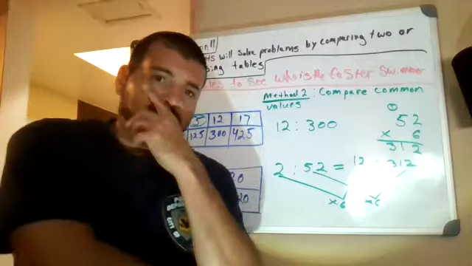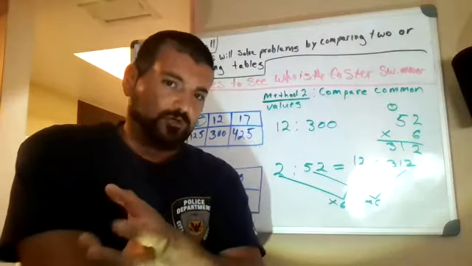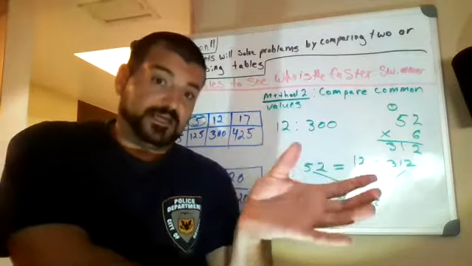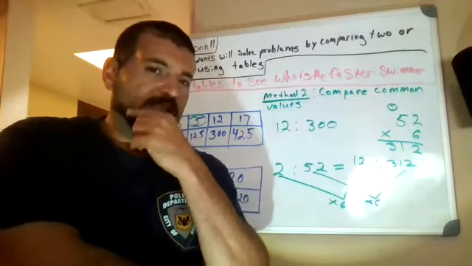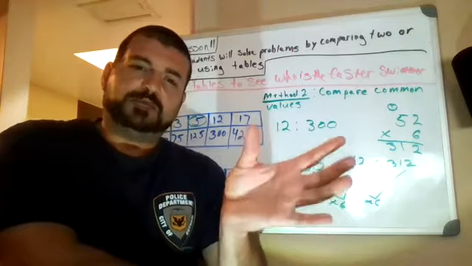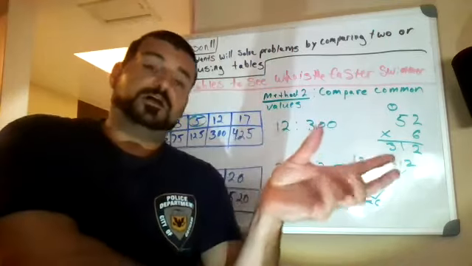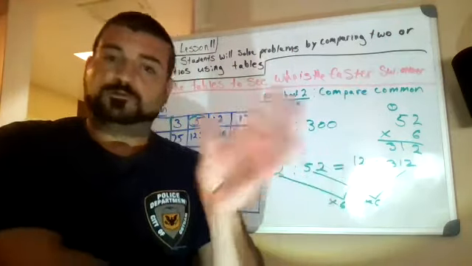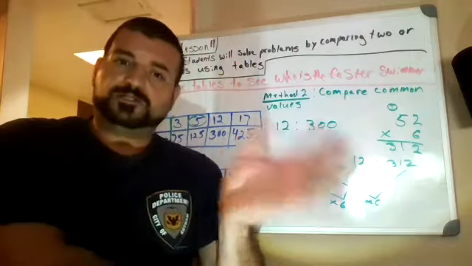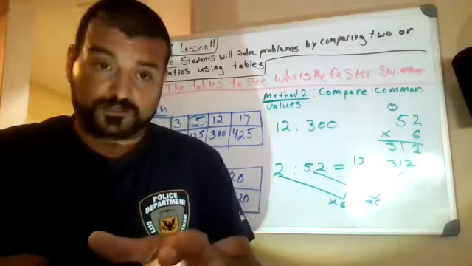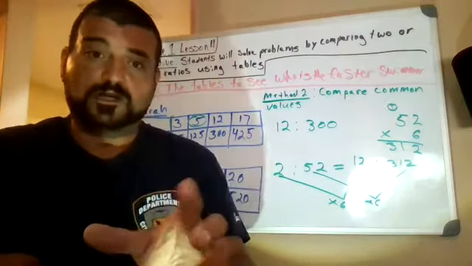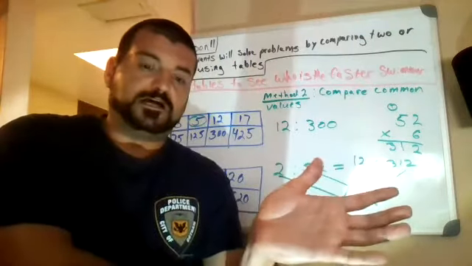And the students are like, well, where else would I do this in the real world? Well, if you're doing baking or cooking, when I do my lemonade, I put in 4 parts water and 2 parts lemonade mix. Or I'll put in 8 parts water and 3 parts lemonade mix.